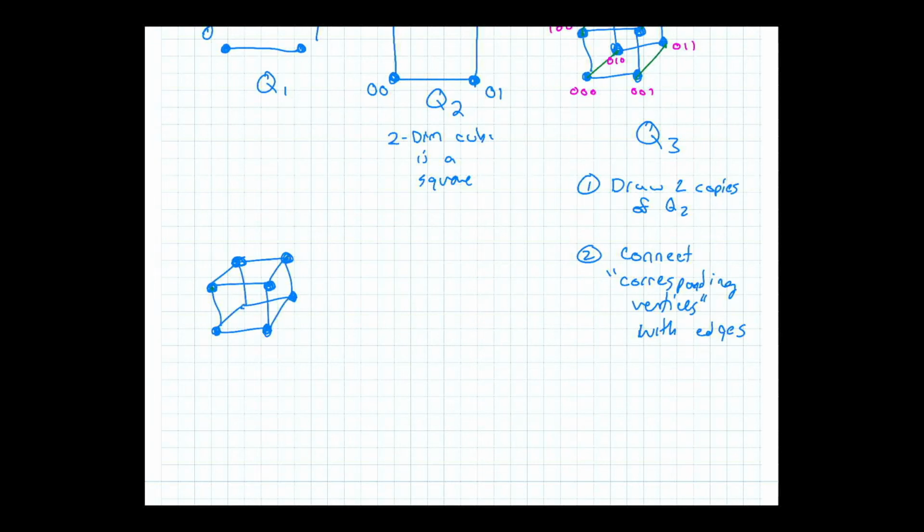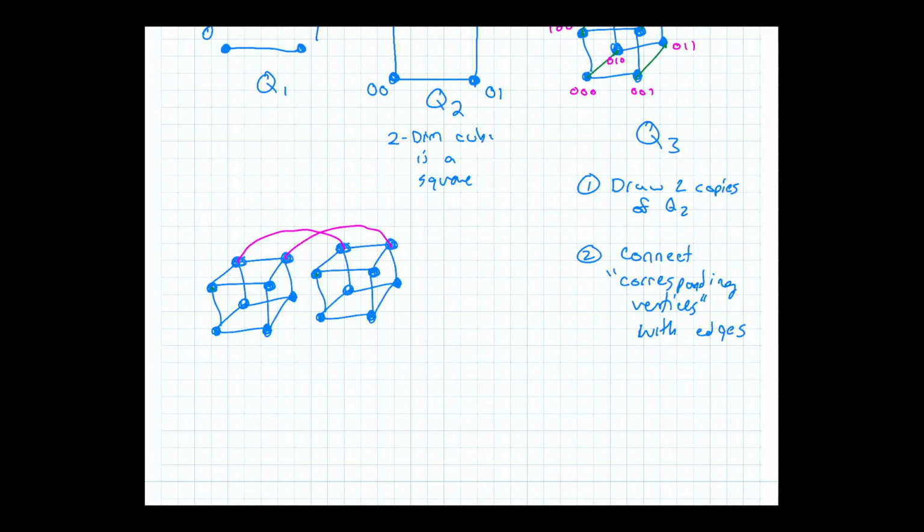So if you're trying to draw Q4, what you would do is you would draw Q3 like I did. You draw a second copy of Q3 like that. And then again, you have to connect all of the corresponding vertices. So like back top left, back top right. And you do that for all 8 vertices.